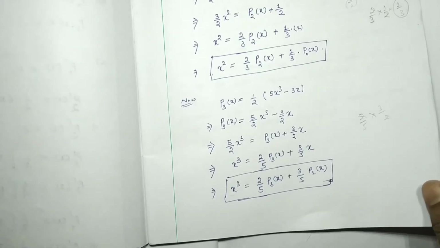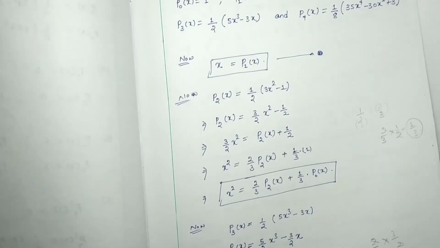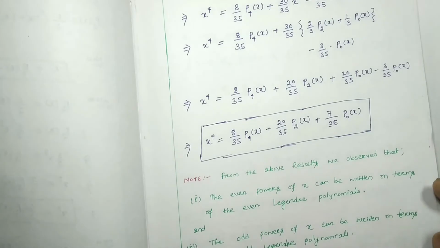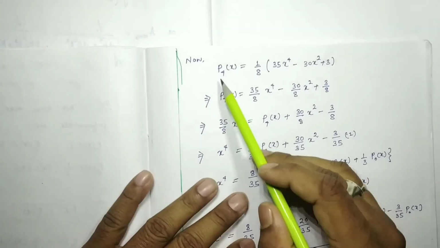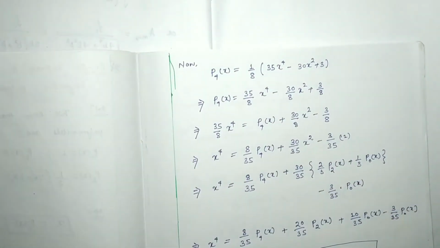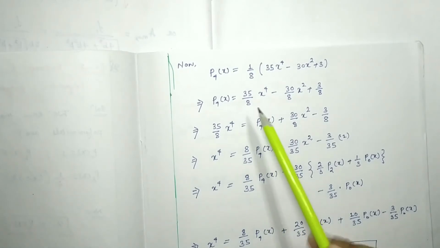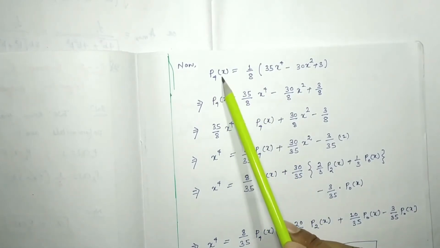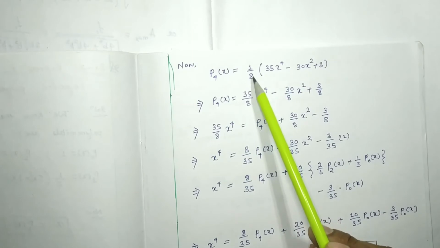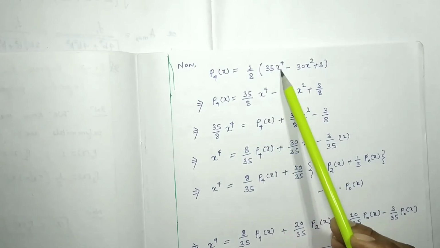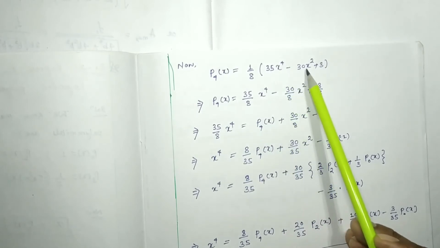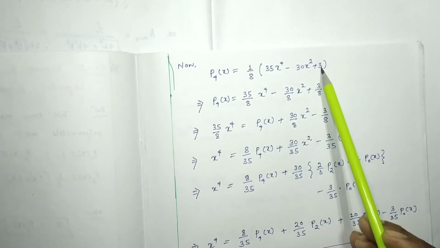Now we have to go for x4, x to the power 4. For that we have to consider p4(x). We know that p4(x) will be equal to 1 by 8 (35 x to the power 4 minus 30x square plus 3).